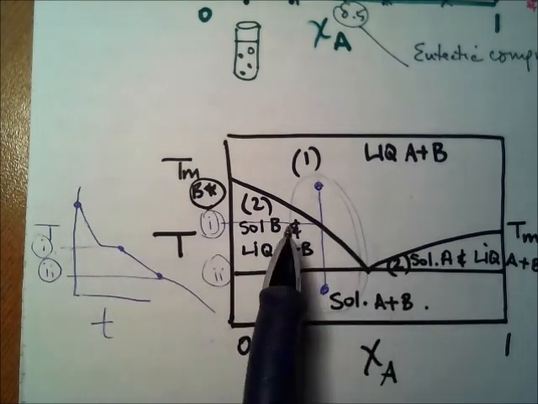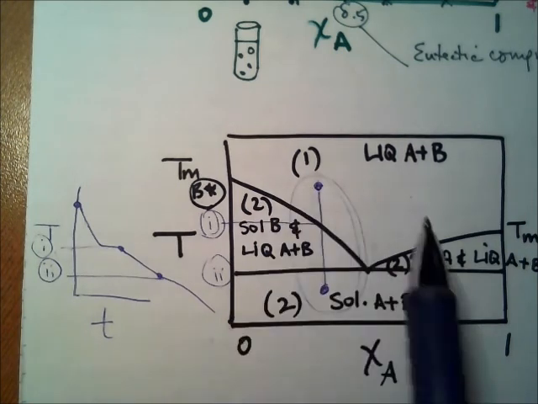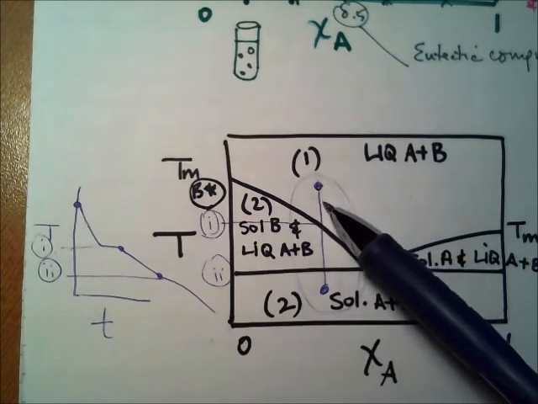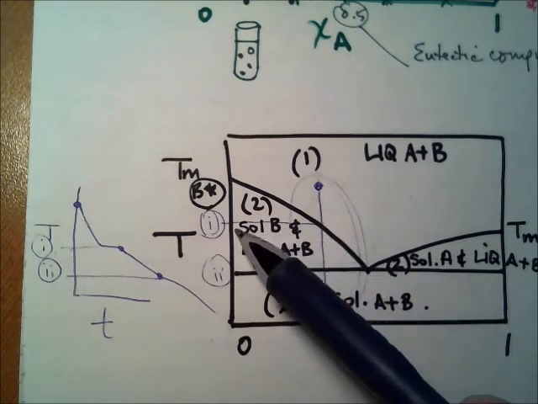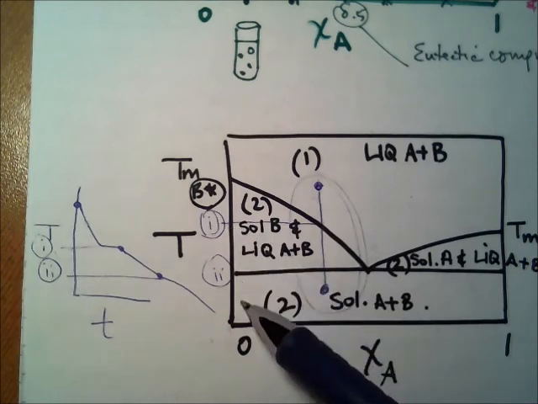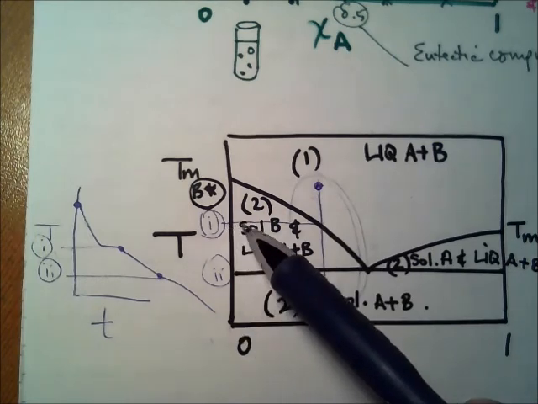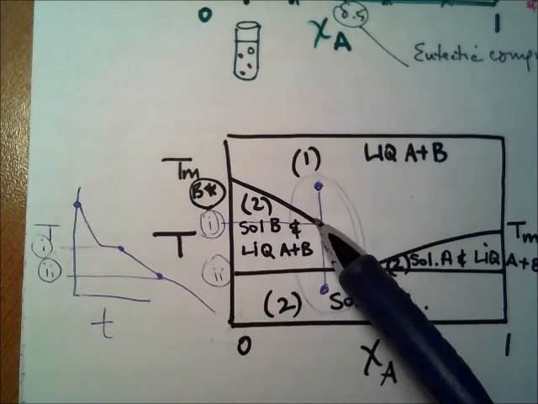So again, we're going to start over. I'm up here and I start cooling, and there I see crystallization in the test tube. But what is it? Tie line. It's pure B freezing out of solution.